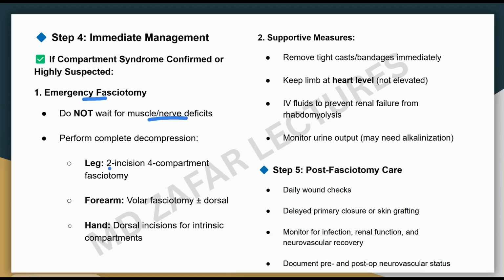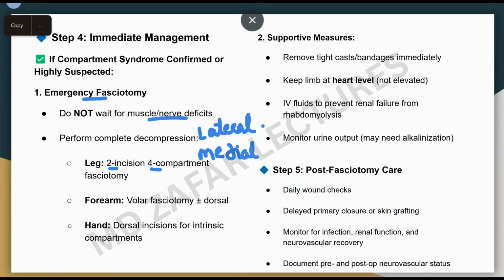We have two incisions as we have to open 4 compartments. We have a lateral incision and the other is the medial incision. Through the lateral incision, we open the anterolateral compartment, whereas through the medial incision, we open the posterior compartment.